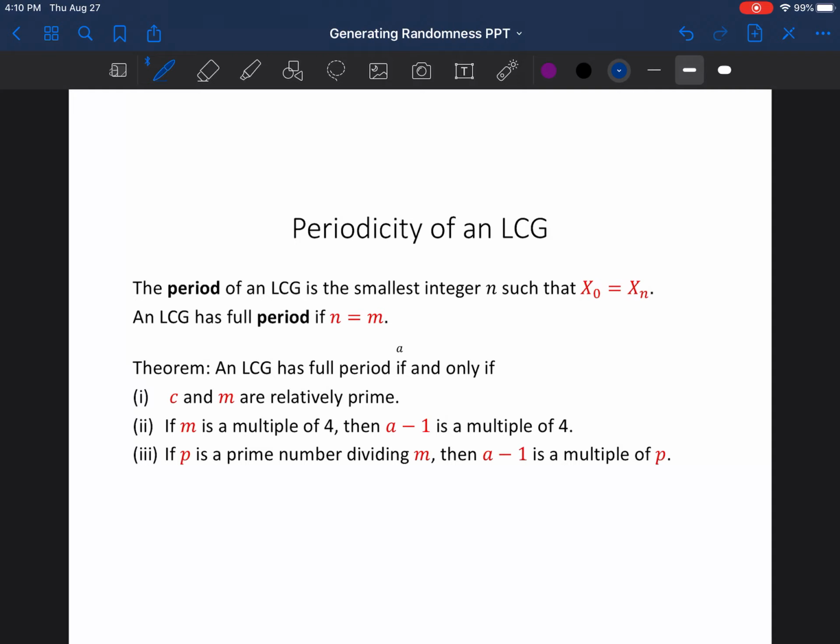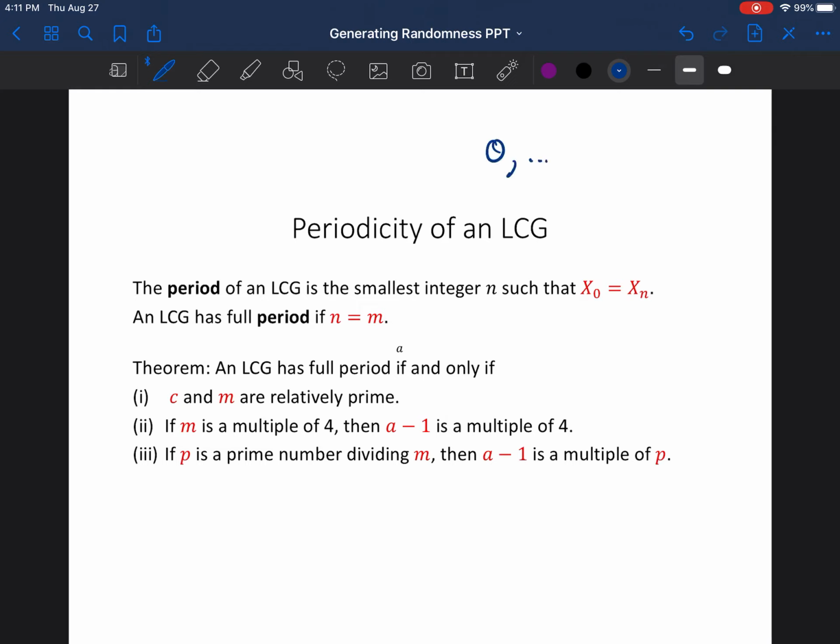So how do we know if this works? It turns out there's a very nice theorem that lets us know. In fact, it gives us the exact conditions we need to have the full period. In other words, if you think about how many numbers can occur in such a pseudo-random number generator before repetition, the maximum number is m, right?